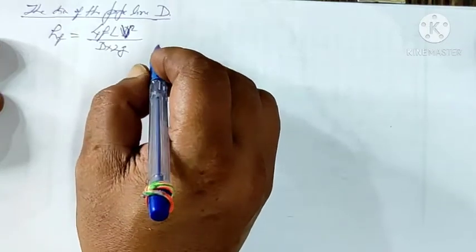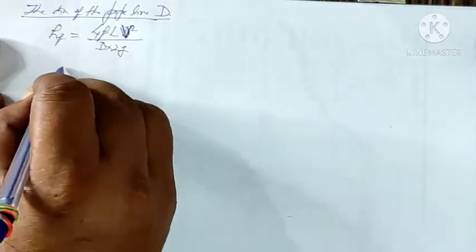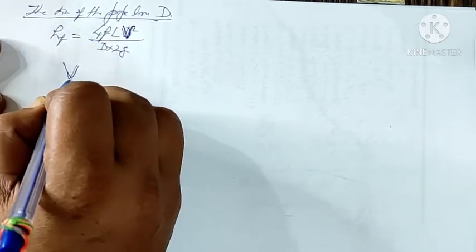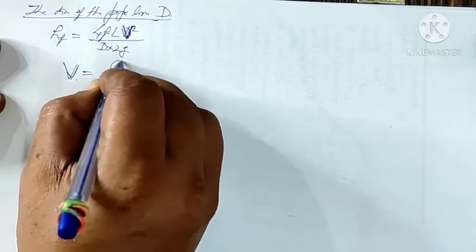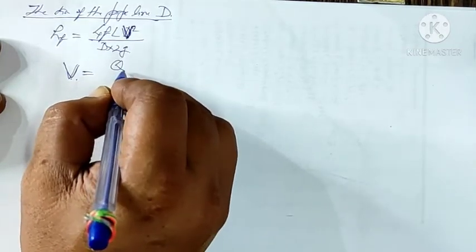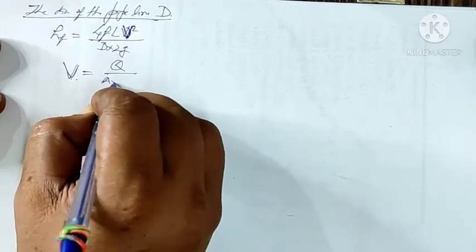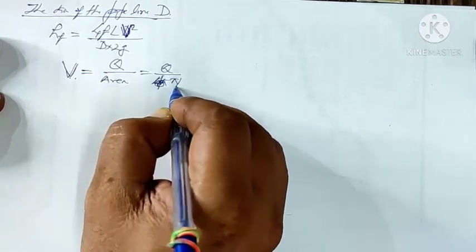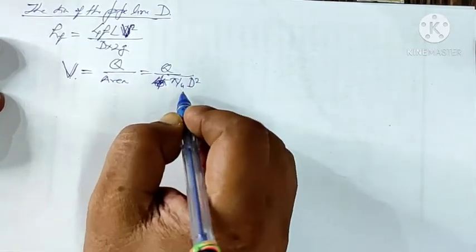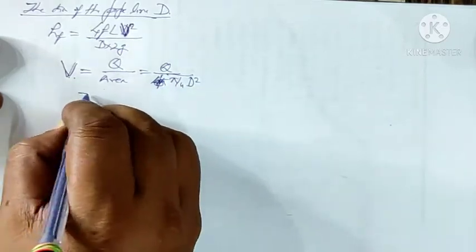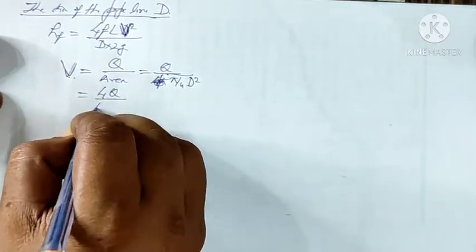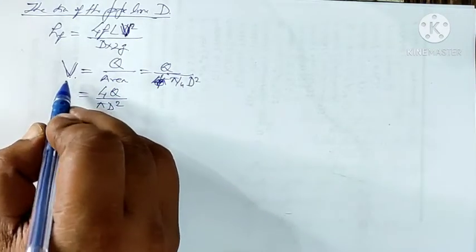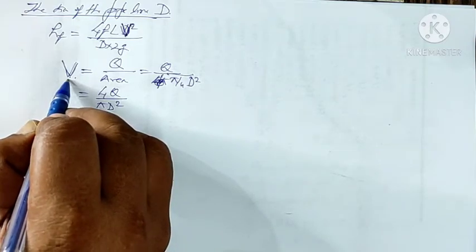So V we can find out by equation: velocity of water in the pipeline is equal to the water going out per second through the pipeline divided by the area. So this will be equal to Q upon π/4 D² area, so this will become 4Q upon πD². So this will be the velocity of the flow in the penstock pipeline.